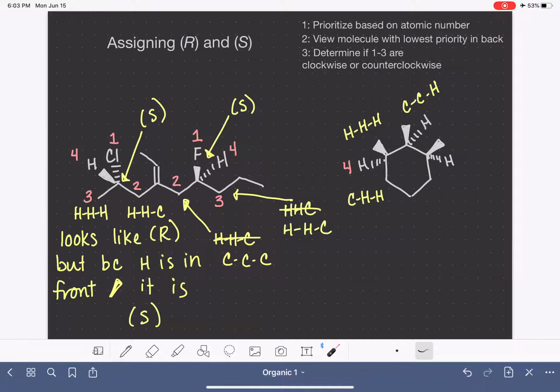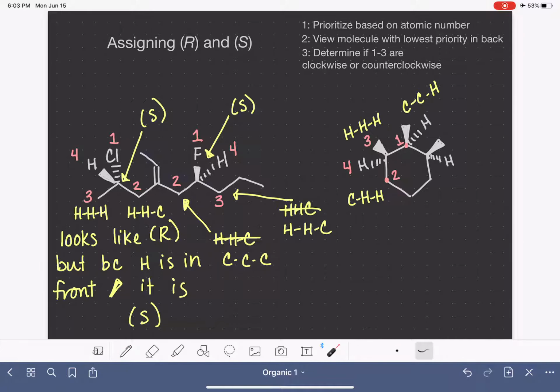First of all, the highest atomic number is carbon, and we have 2 groups that have carbons present. So in that situation, we look at the one that has the most carbons. This has 2 carbons, this has only 1 carbon. So this is the highest priority carbon. This guy right here is our high priority. This one right here is number 2, and this one right here is number 3.